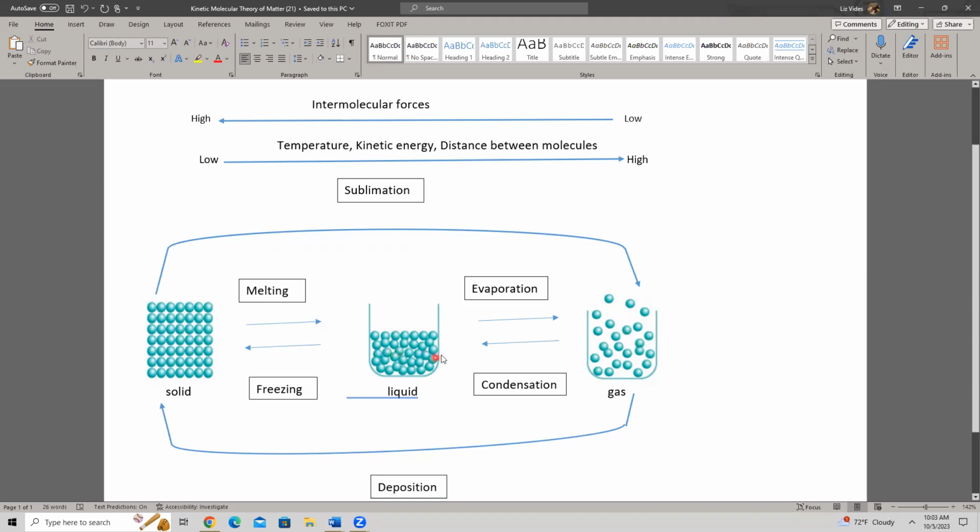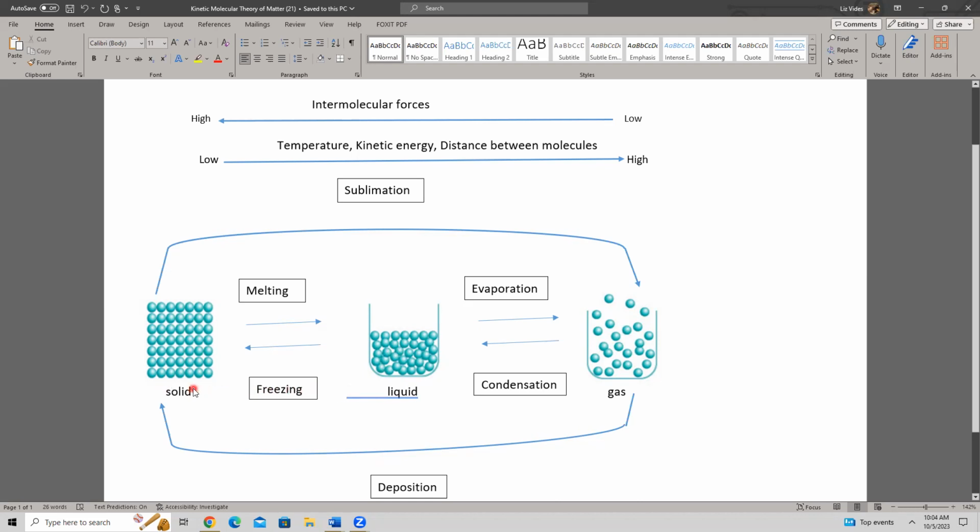Whereas in a liquid, the particles are not so far apart. They are not as hot. They're actually room temperature, you could say, and they have a lower kinetic energy, but they still have quite a bit of kinetic energy. They move. And then from a liquid, you go to a solid, and it's called freezing, right?